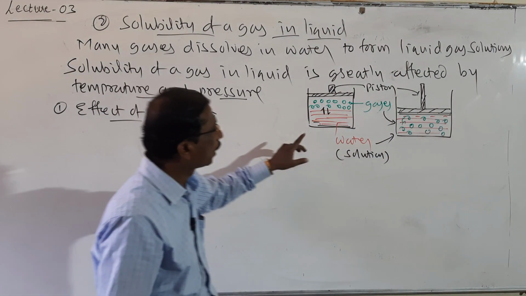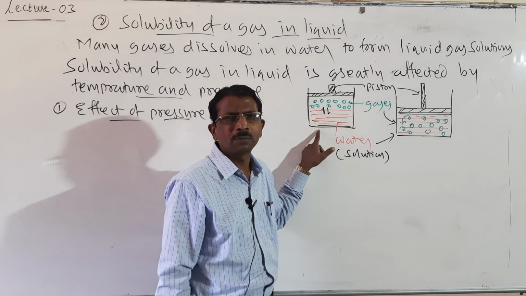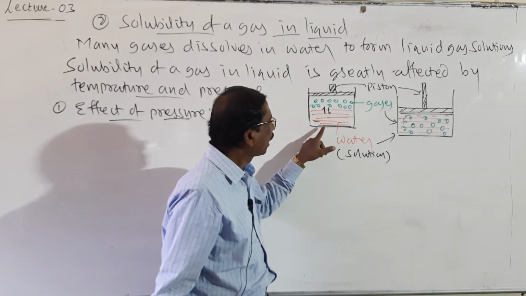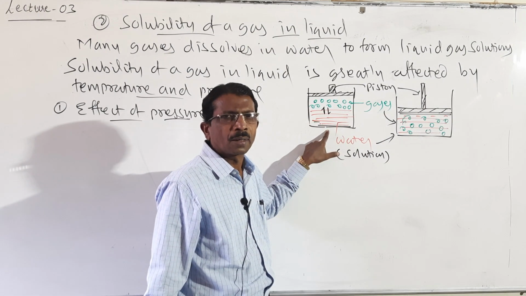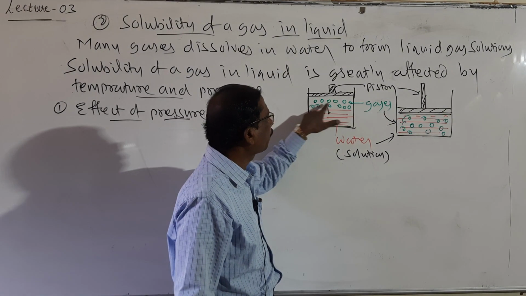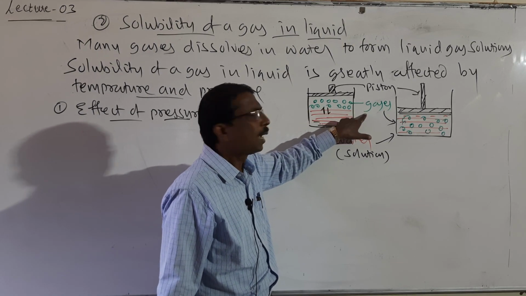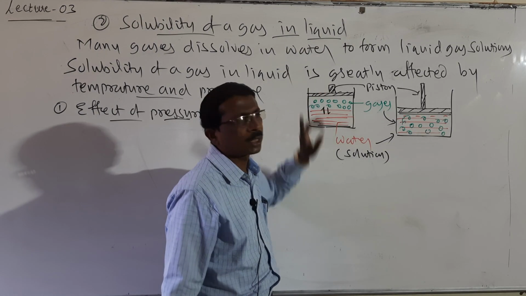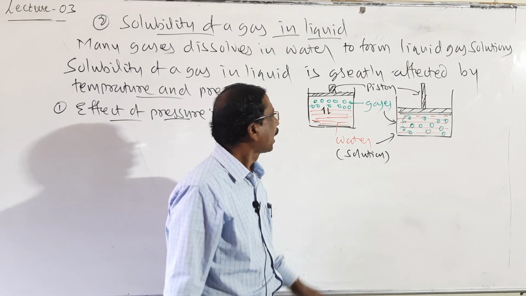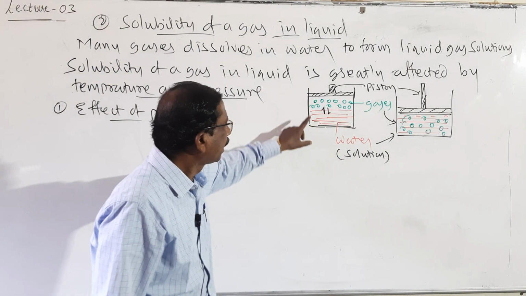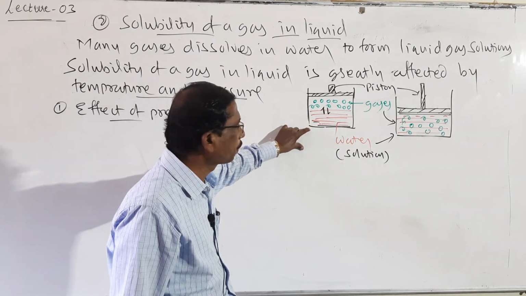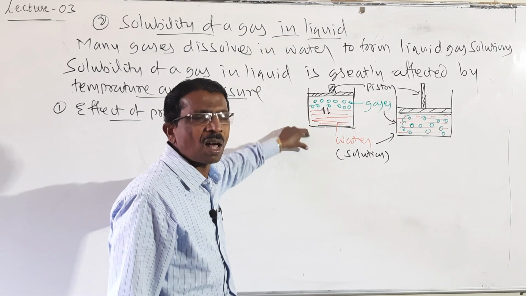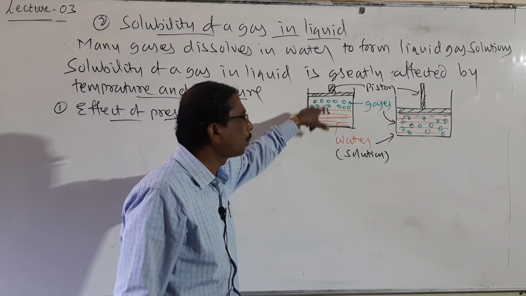So, I have taken one container. In this container, 100 ml or 200 ml of water or solution is taken, and the upper portion contains gases, and it is fitted with a piston. When the gas molecules are present in the upper part and the solution in the lower part, after some time an equilibrium exists between these two.